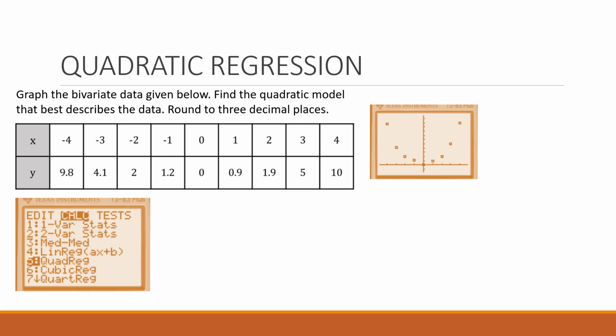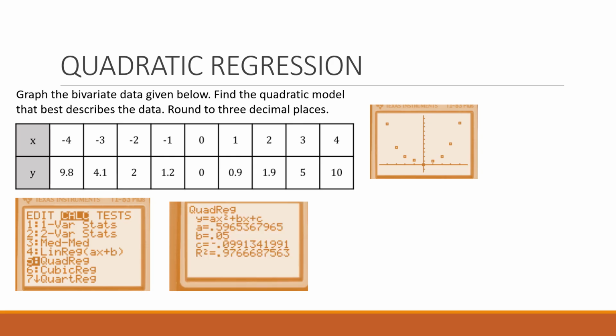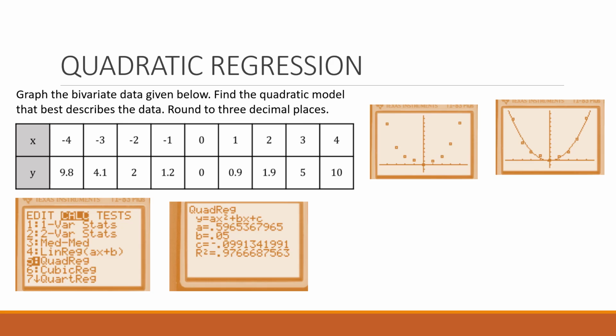We are going to go stat over to calculate. This time we're doing option 5, quadratic regression, and this is what we get. The general form for a quadratic equation is y equals ax squared plus bx plus c, and it gives us the values for a, b, and c.